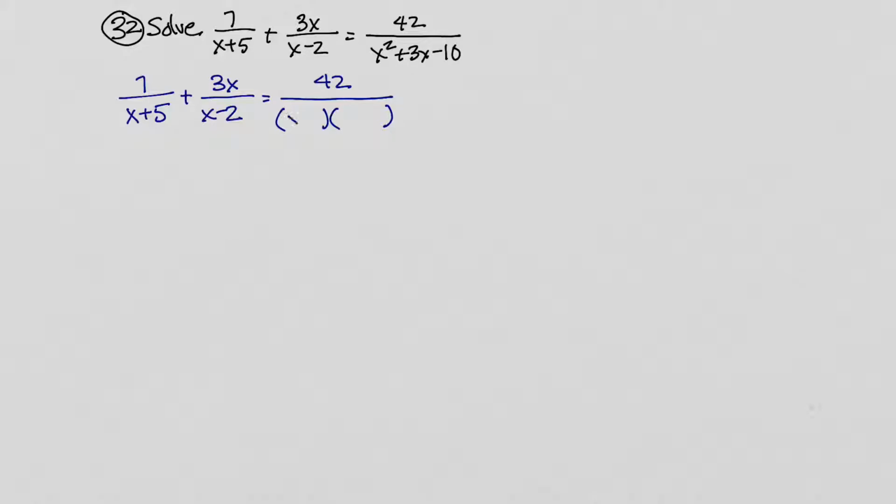It's going to factor as x and x, maybe a plus 5 and a minus 2. So our LCD is x plus 5 times x minus 2, and because this is an equation, we're going to look at the excluded values. So in solving this equation, we have to exclude these values, negative 5 and 2.